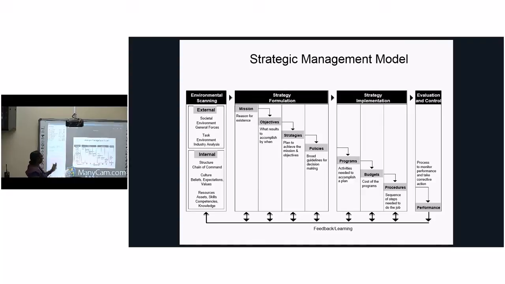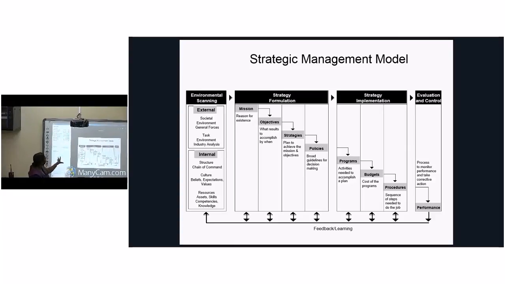So that is the basic model of strategic management. We say this is the strategic management process as well. So the first step is environmental scanning, then strategy formulation, strategy implementation, and evaluation and control. These are the basic steps of the strategic management process, right?